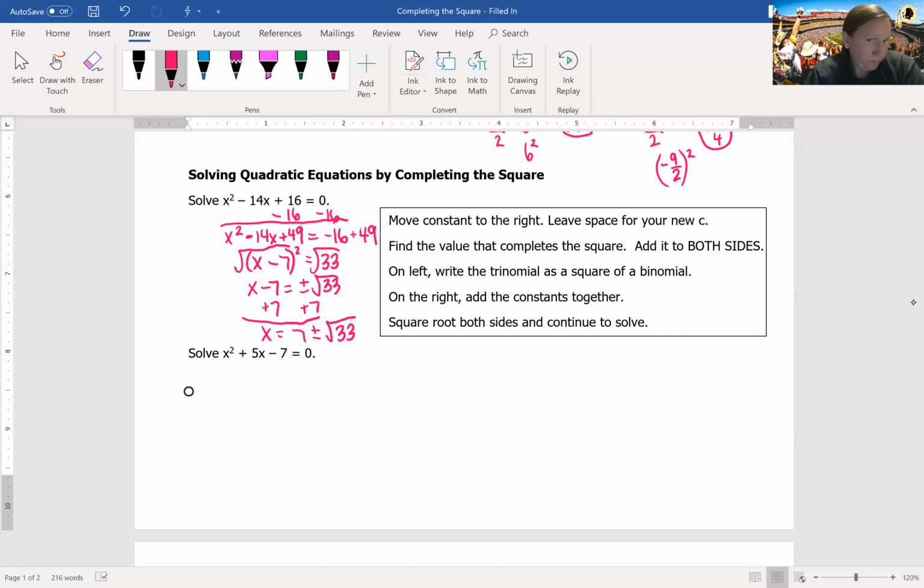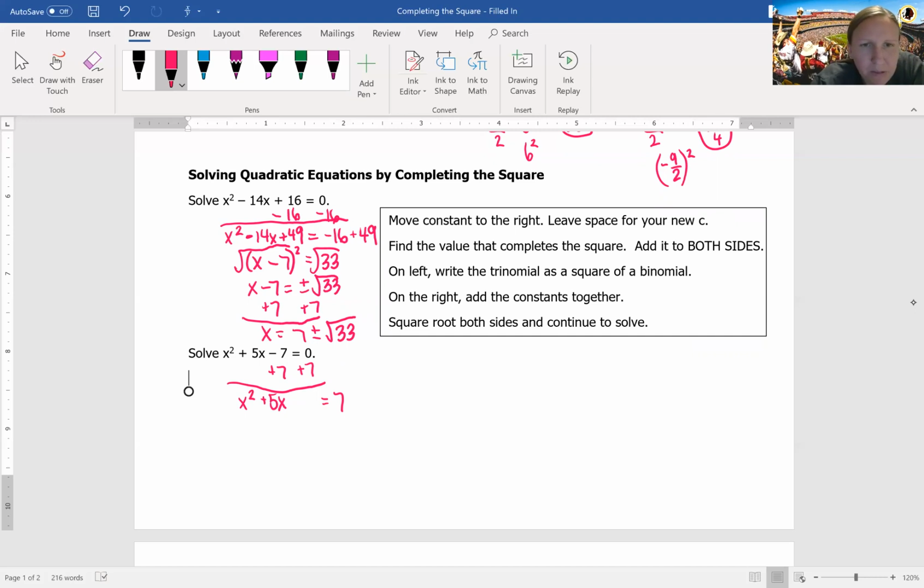Let's try another one. Okay, here we have x squared plus 5x minus 7 equals 0. We're going to start by moving that constant over by adding 7 to both sides. So we get x squared plus 5x equals 7. Now we need to find the value that is going to complete the square.